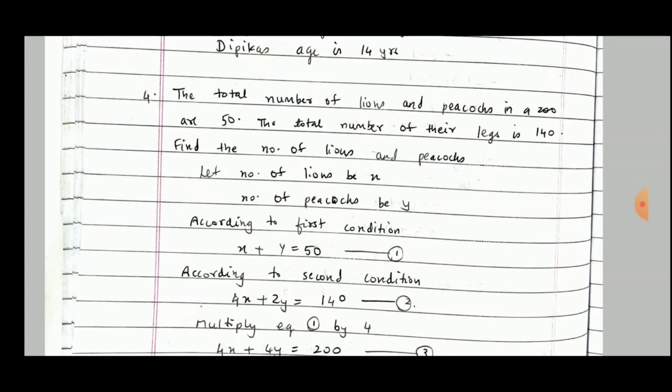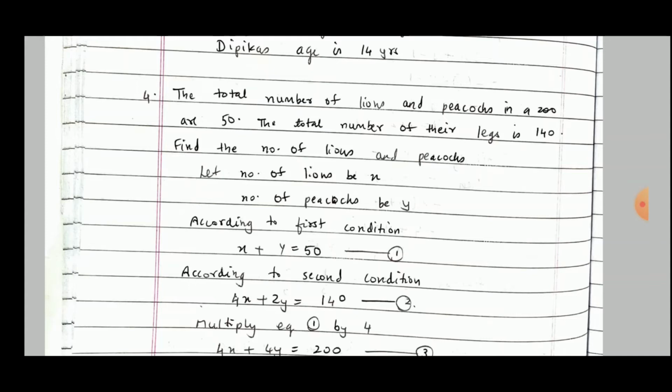The total number of lions and peacocks in a zoo is 50. The total number of their legs is 140. Find the number of lions and peacocks. Let the number of lions be x and the number of peacocks be y.